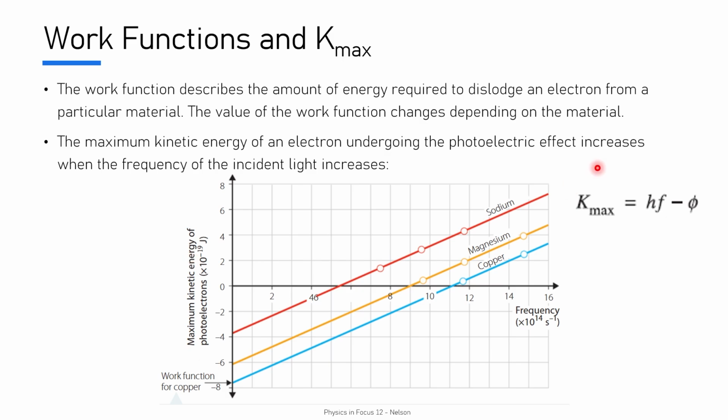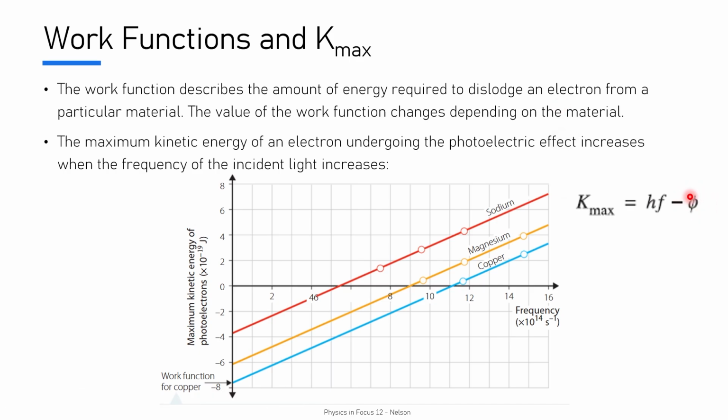which is quite fitting because this here is our y = mx + b formula for this particular graph, where Kmax is the y value on any point of the line, f is the x value at any point of the line, h is meant to be m, so in other words, Planck's constant is the gradient for each of these lines, and that's consistent because they all share the same gradient.